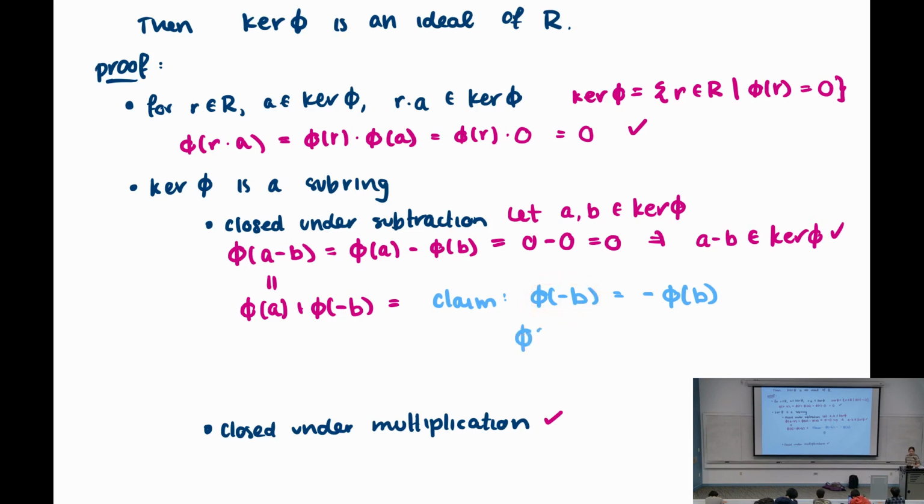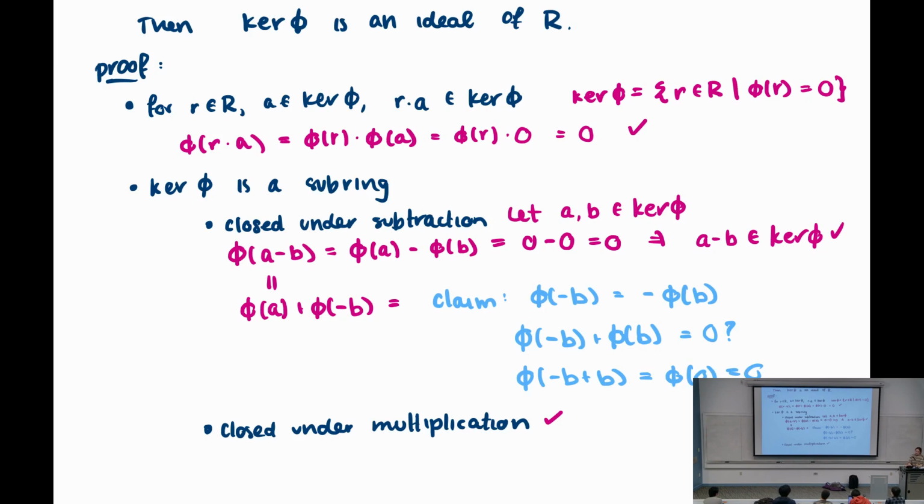So phi of minus B plus phi of B, we would want this to be 0, which we can see that this is true. So this is phi of minus B plus B, which is phi of 0, which is 0, right?